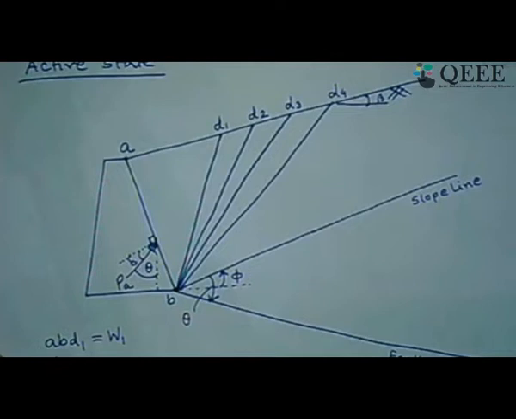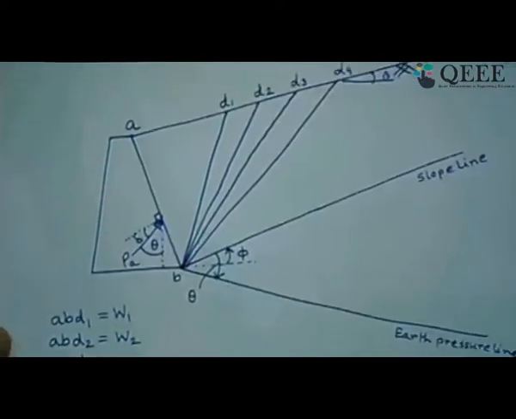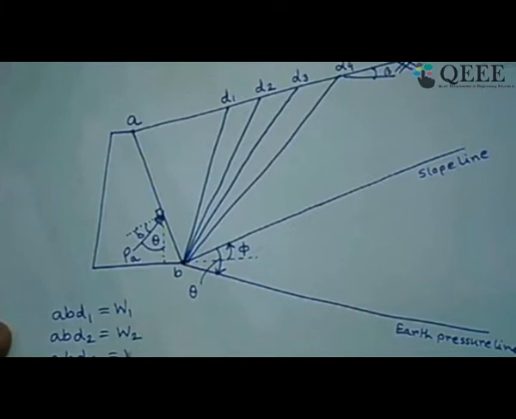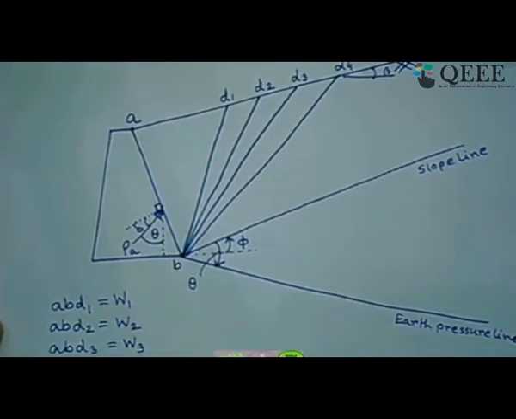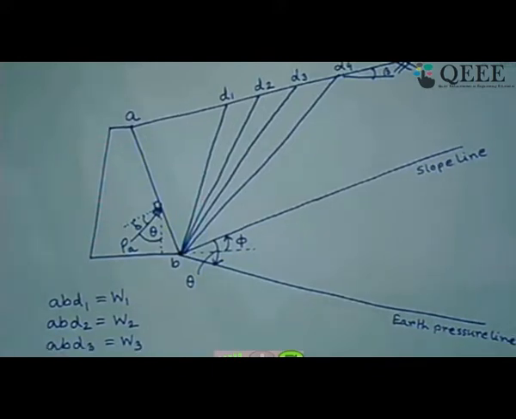Similarly, ABD2 is the zone which will have weight W2. Similarly, ABD3 is the zone for which we will have weight W3, and so on, for whatever failure zones you are considering. Now all these things we have to plot on the slope line to a proper vector scale. So we have to select another scale.